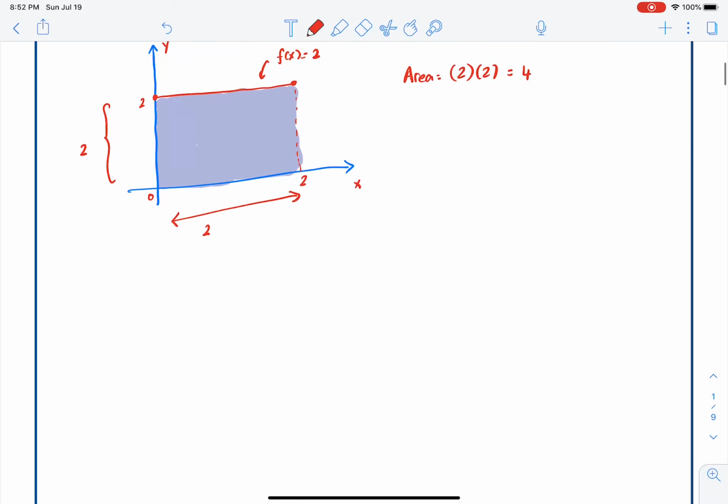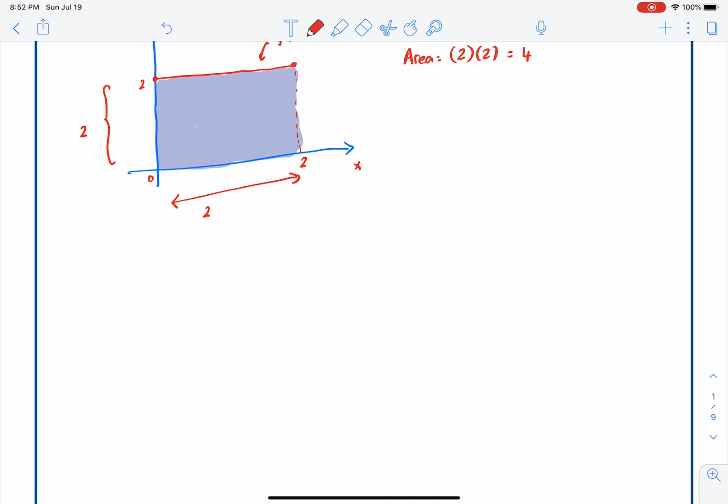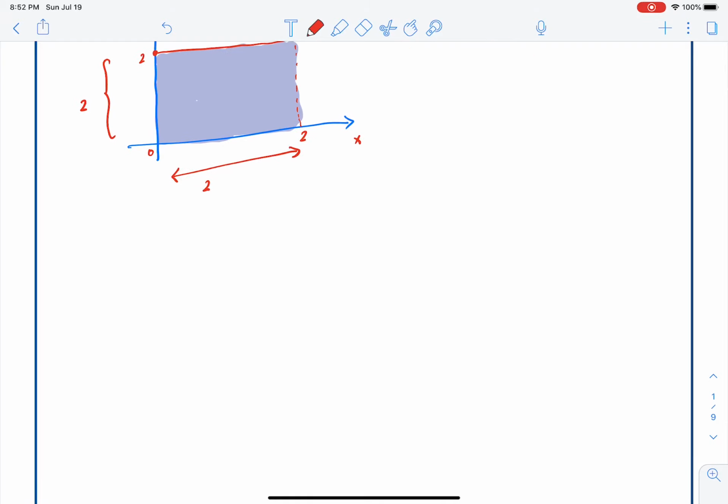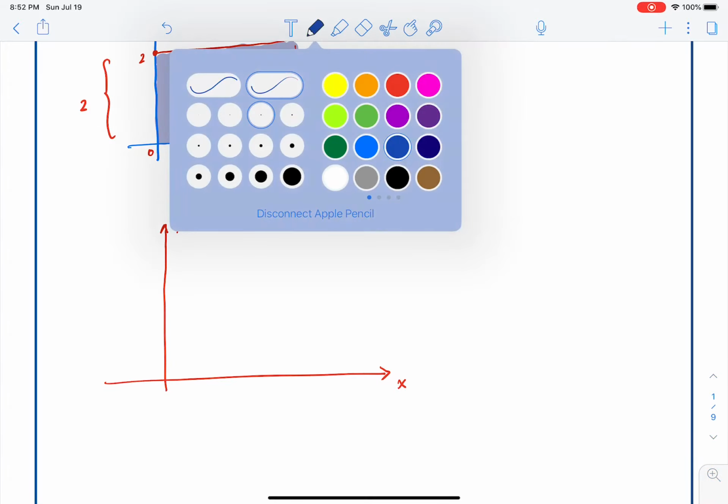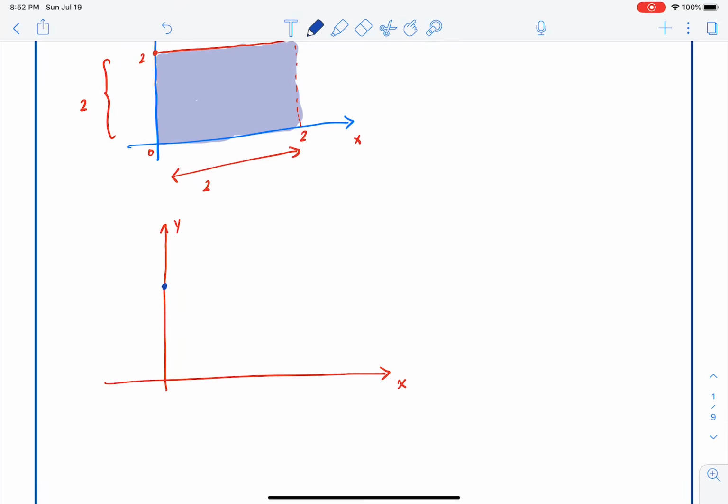Very easy. Now, is there a different way to approach this problem? There is a reason why I'm doing it this way.